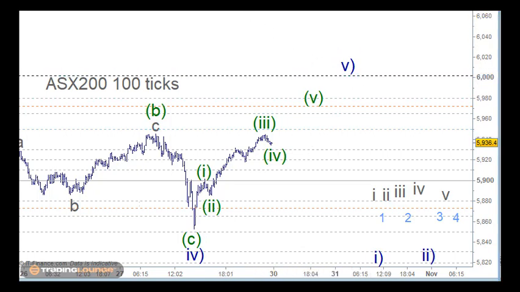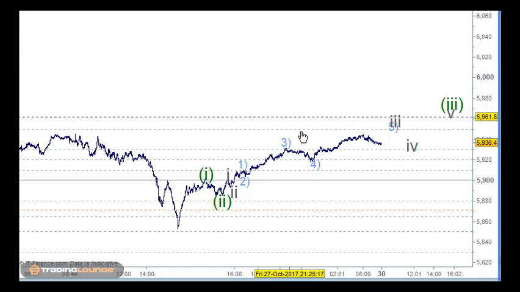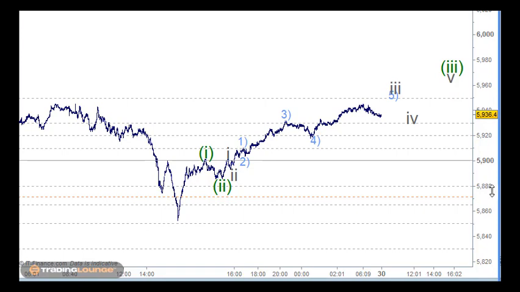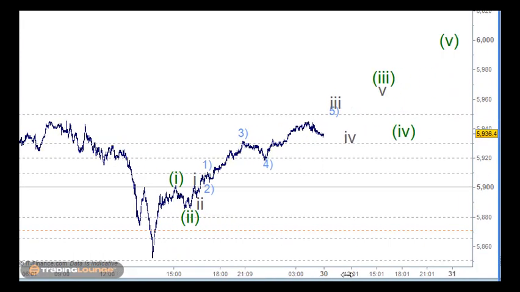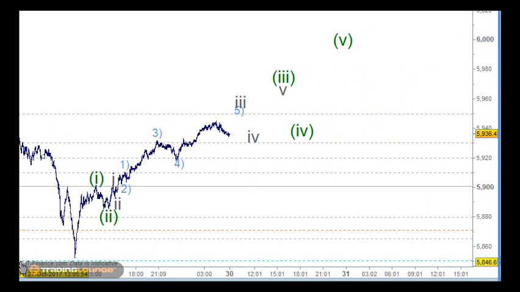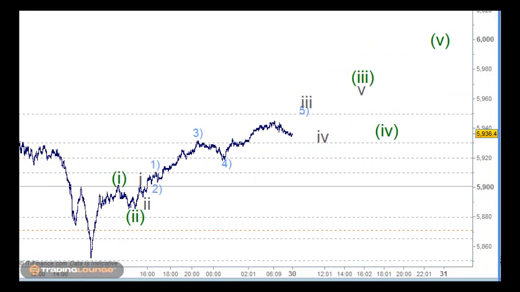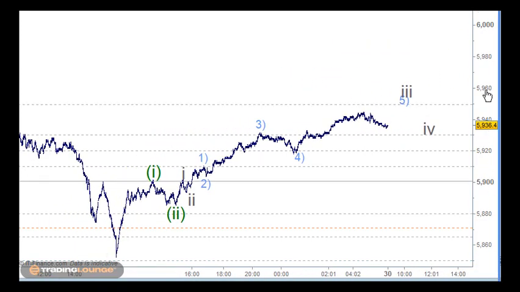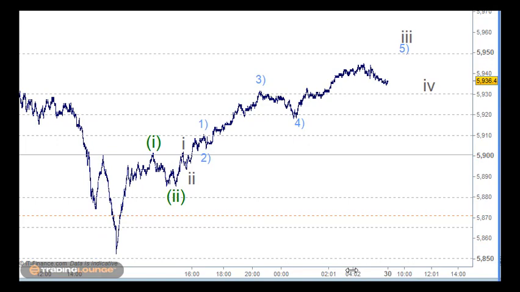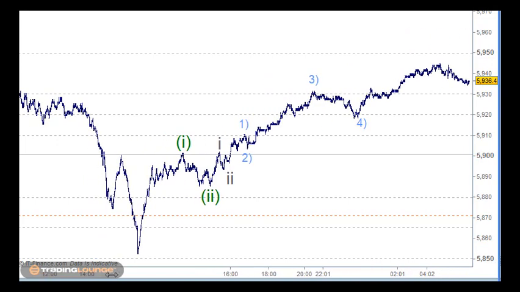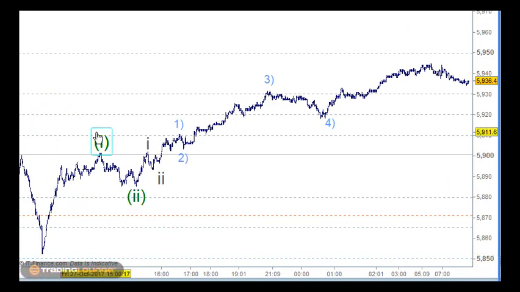So I've gone into the 10, this is 100 ticks here, so I've gone into 10 ticks here and just labelled out a count here as well. In this case here, it's pretty much the same. I'll just open this up a little bit here. So this is 10 ticks and just really drilling in here a little bit. But wave 1, 2, that's pretty much indisputable.